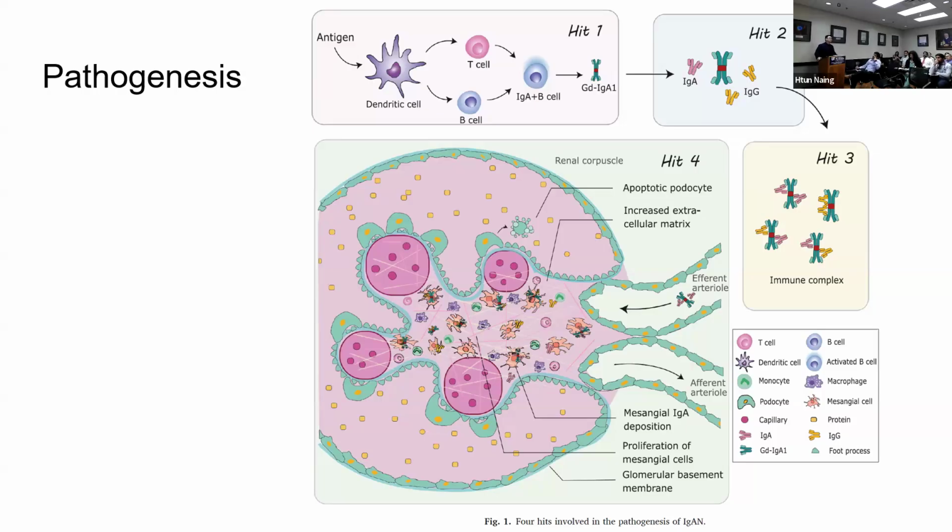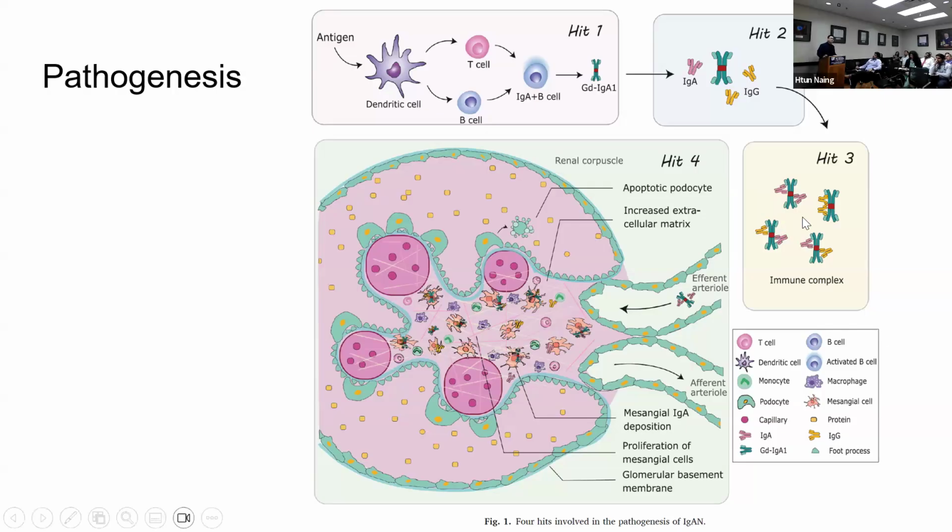You can have galactose-deficient IgA in the circulation, and you can detect it by ELISA, but you don't necessarily have the disease. You can also find the immune complex in the urine, but that doesn't mean the patient is going to have IgA nephropathy.